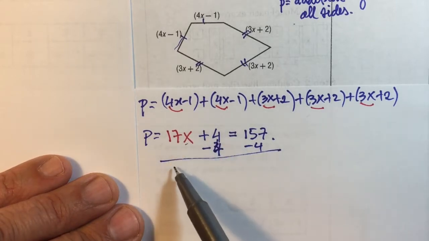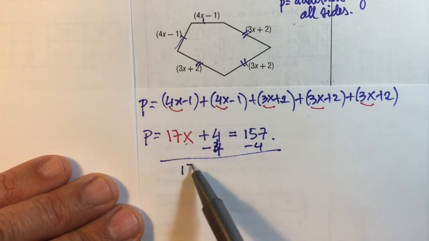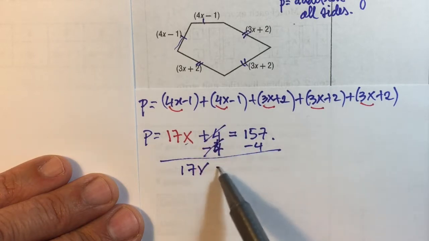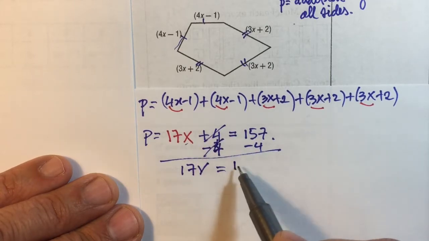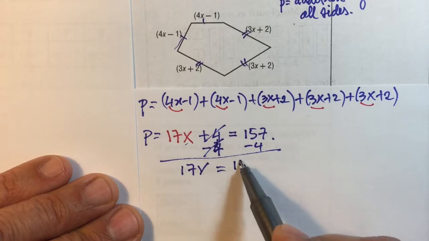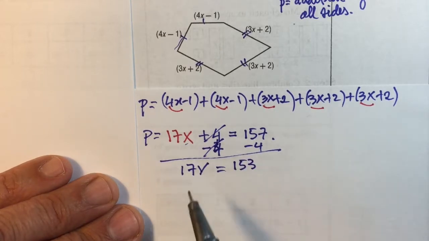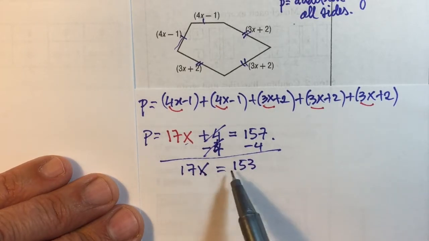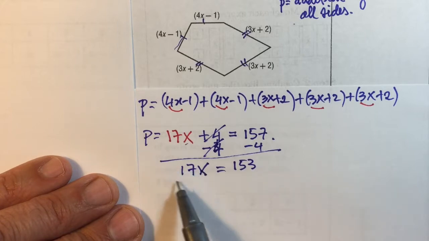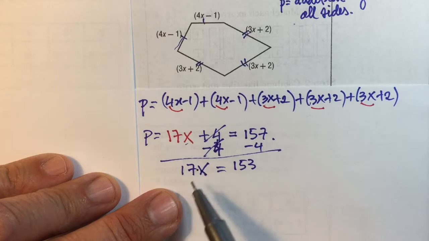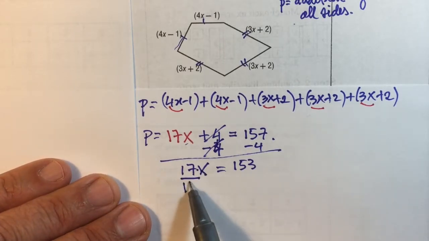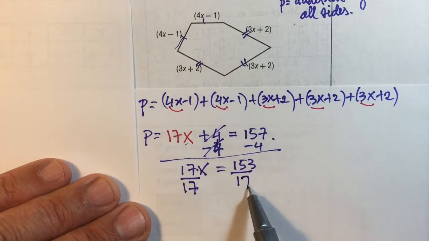So, this is going to be 17x. This goes away. And this is going to be 157 minus 4, 153. So 17x equals 153. Now, in order to eliminate this 17 that is multiplying the x, I need to do the opposite operation by dividing both sides by 17.